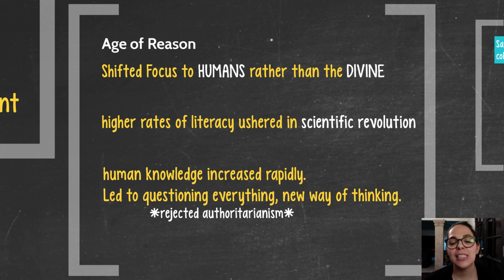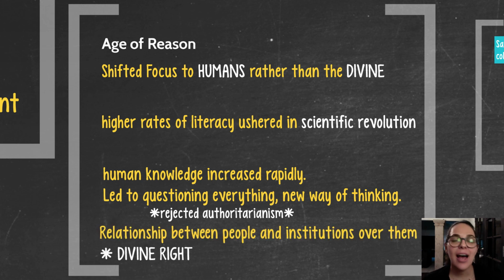What we're starting to see here is not a complete, but the beginning of a rejection of authoritarianism. And not only that, but this belief that kings ruled because they were chosen by God to do so.